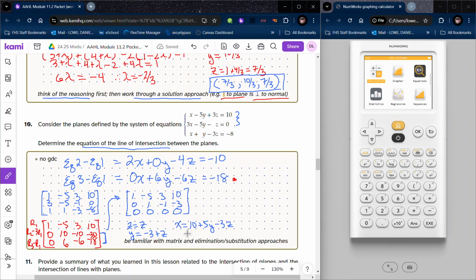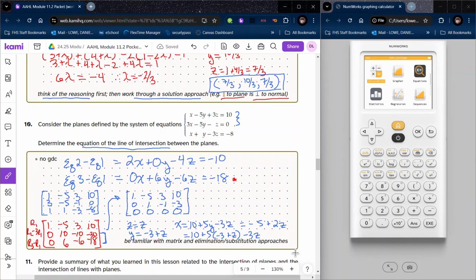Negative 3 plus z, so that's 10 plus 5 times negative 3 plus z, and minus 3z. If I add all of that up, I have 10 minus 15, that's negative 5. 5 times positive z, that's 5z, minus 3z, that's going to be plus 2z.